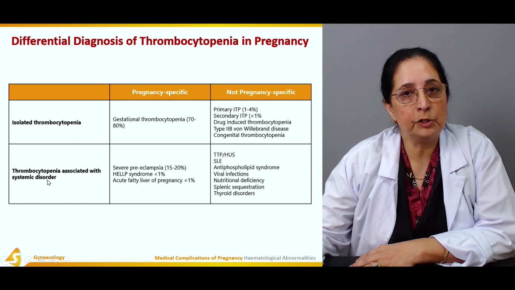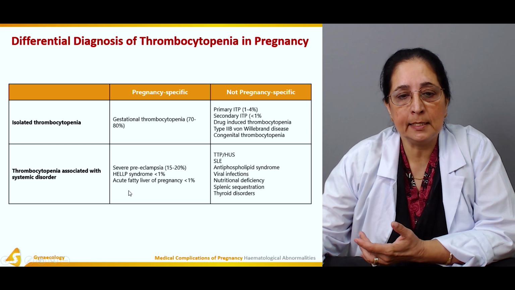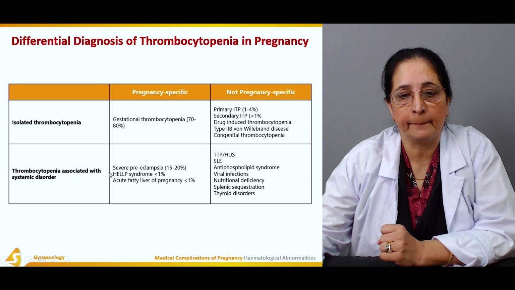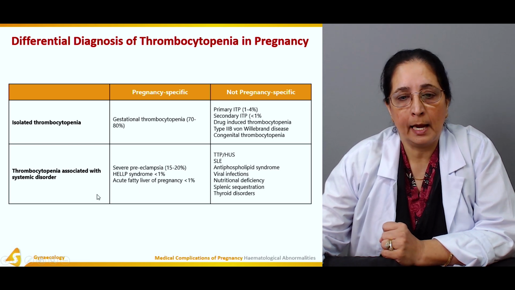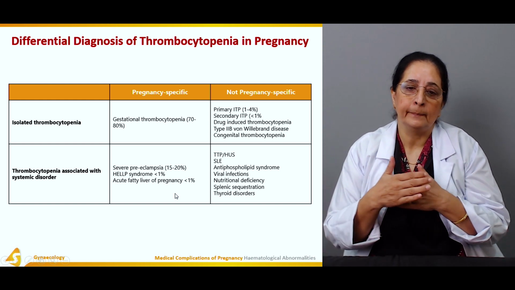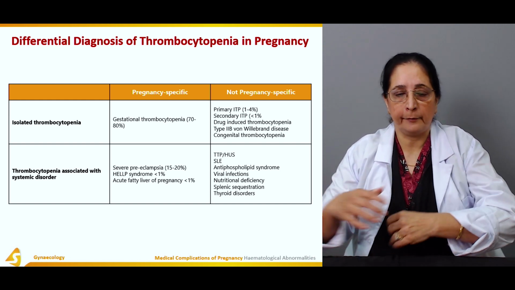Then thrombocytopenia associated with systemic disorder. In pregnancy, usually they are associated with preeclampsia, HELLP syndrome, and acute fatty liver of pregnancy. So these are all the conditions in pregnancy.